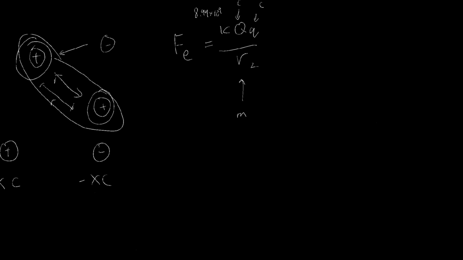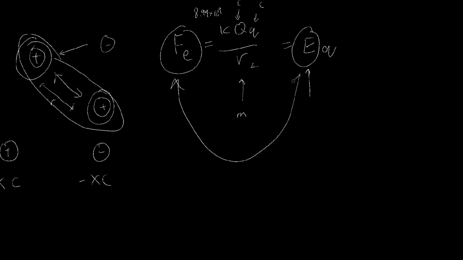However, one thing that we should add is that Fe also equals Eq, where E is the electrostatic field strength of one of the charges, and q is the charge of another charge. So what does this actually mean? What is the difference between the electrostatic force between the two, and the electrostatic field strength of one of them?